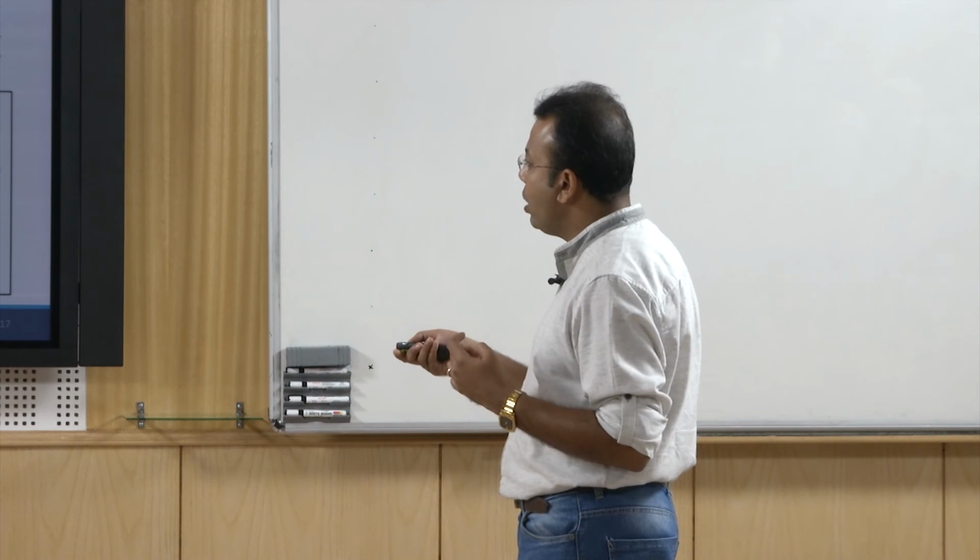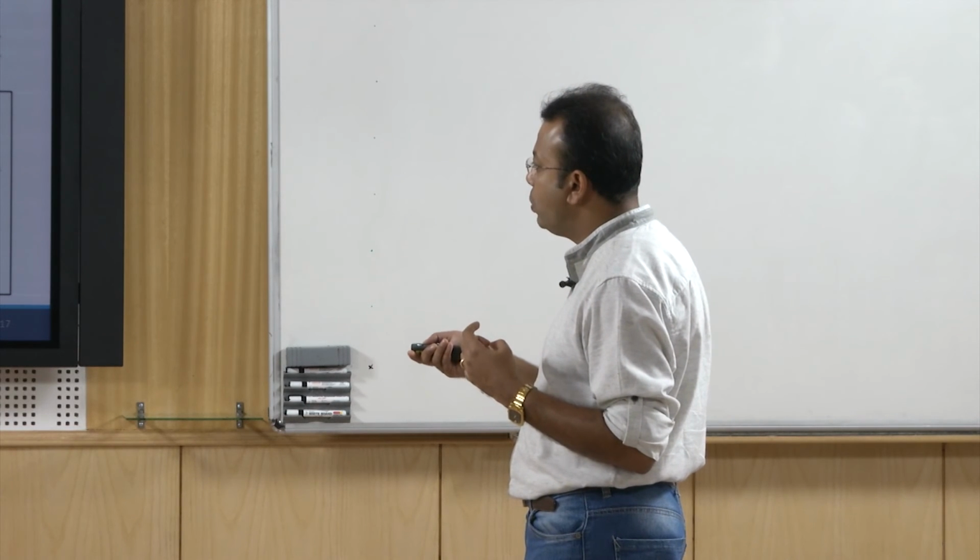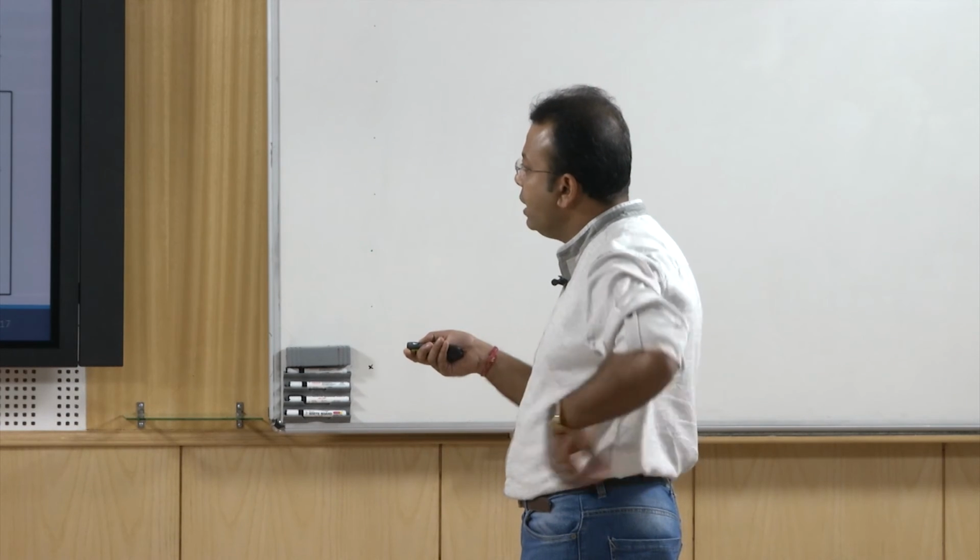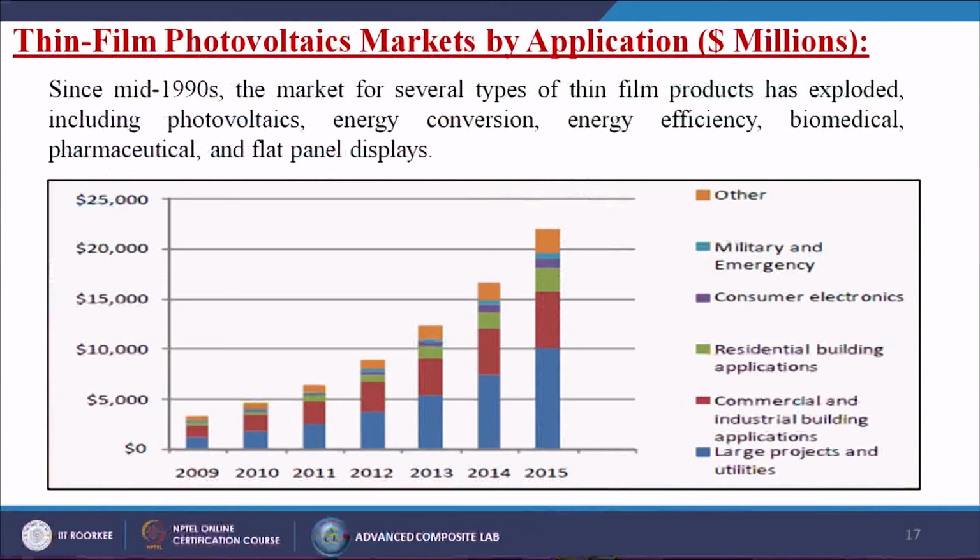From this particular figure you can understand that in the year 2009 it was near about 3000 to 4000 US dollars, but when you look at 2015 it reached more than 20,000 US dollars. Here the blue color shows the large projects and utilities where we are applying the thin films, the orange is others, the light blue or sky blue is military and emergency, the purple is consumer electronics, and green is residential building applications.